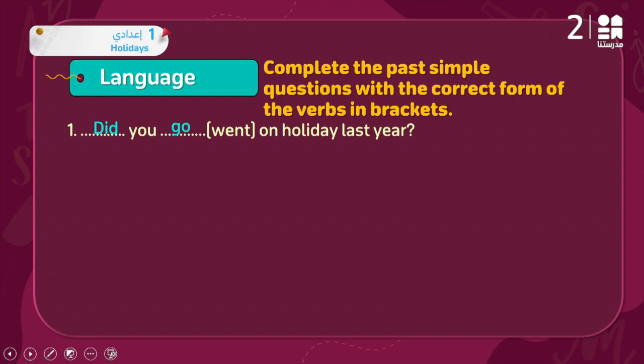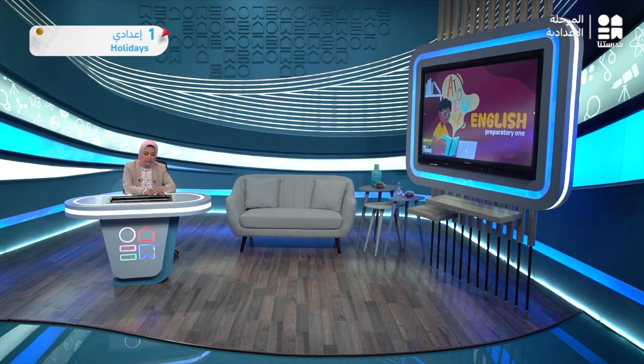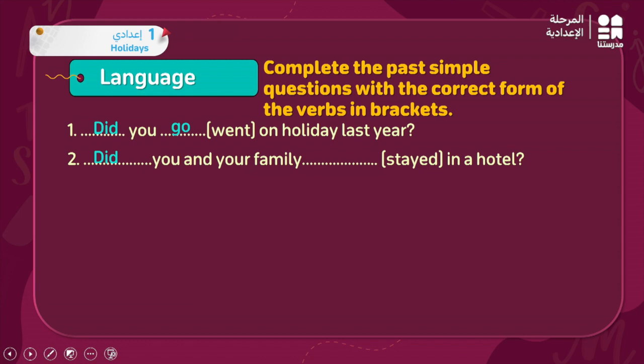So, did you go on holiday last year? Next, I again have to add the auxiliary did and use the basic form of the verb stayed, which will be stay. So the question will be: did you and your family stay in a hotel? Did you and your family spend time in a hotel?